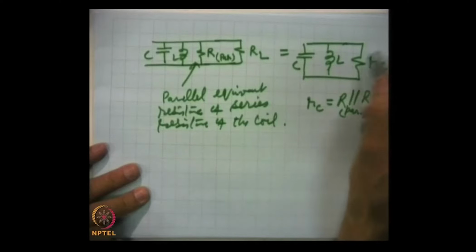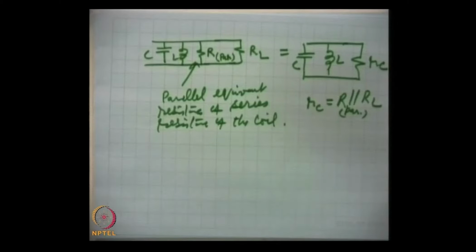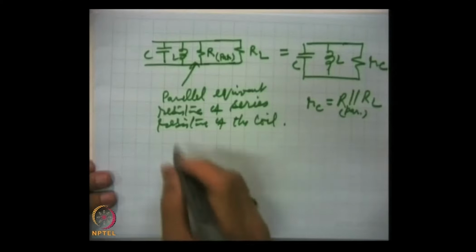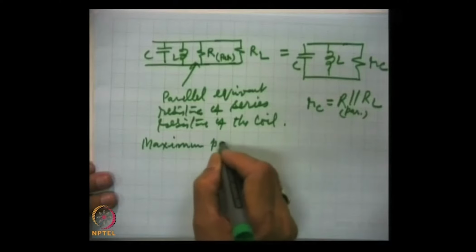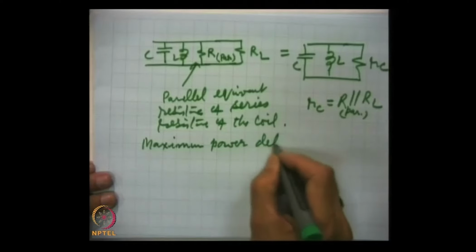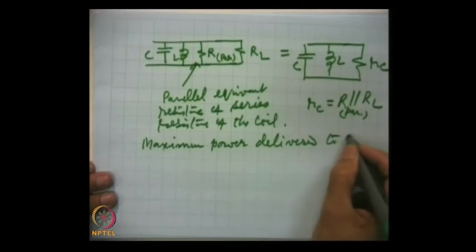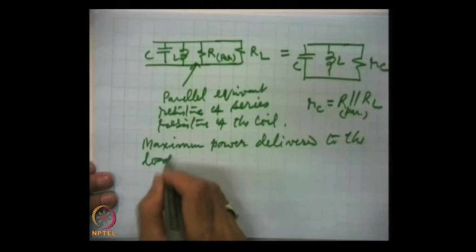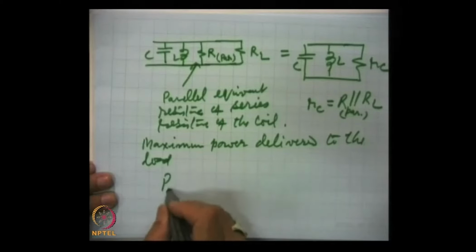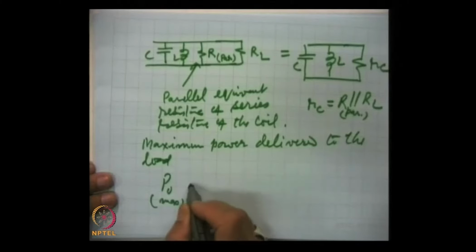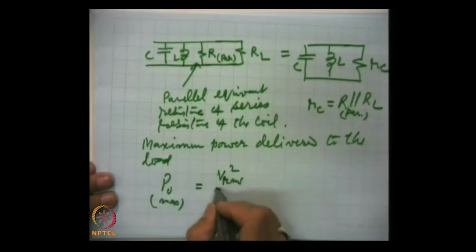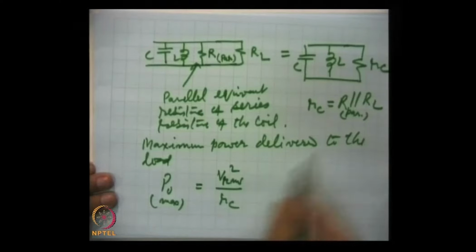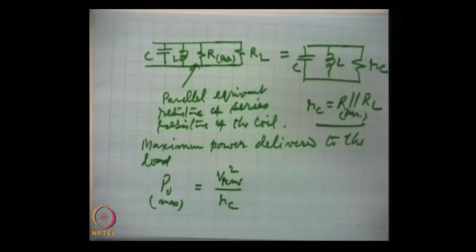So, this is the AC circuit, and the maximum power delivered to the load, PO max, is equal to Vrms square by Rc, where Rc is this effective value of the load.